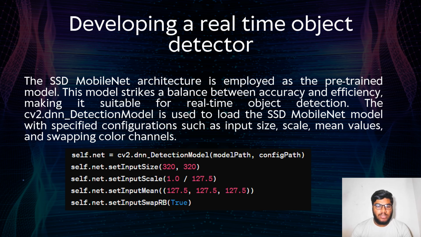You can look here at the cv2.dnn detection model, which specifies the SSD MobileNet model, where it sets the input size of 320 by 320, that is, a width of 320 and a height of 320, and the input scale, the input mean, and swapping color channels. All of these values, the input size, scale, mean values, and swapping color channels, have to be specified in the SSD MobileNet model.